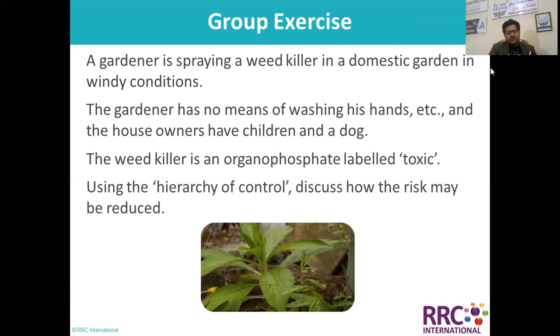Yes, it's all a game of hierarchy of control. So as per this scenario, what kind of controls would you suggest? Starting from elimination, then substitution, engineering controls, administrative, and PPE, of course.